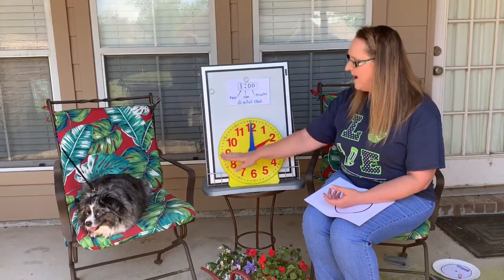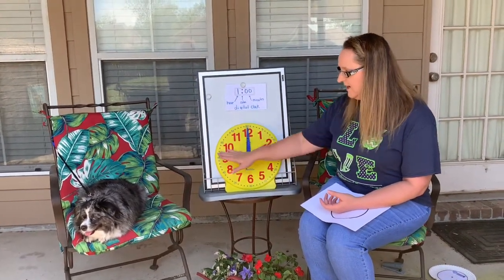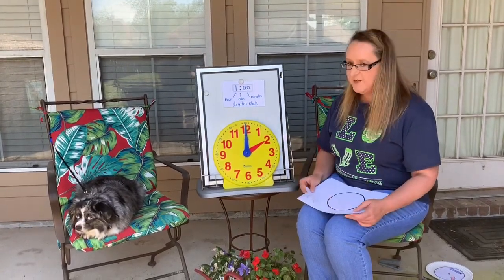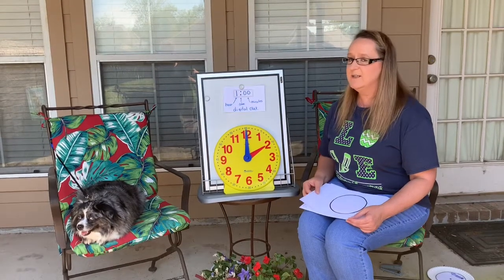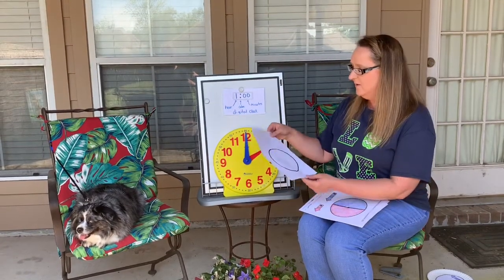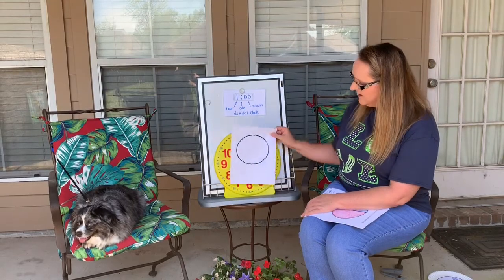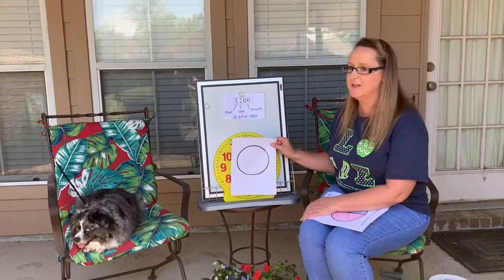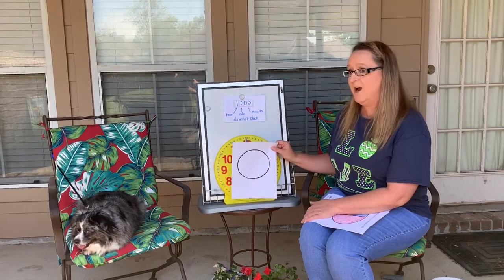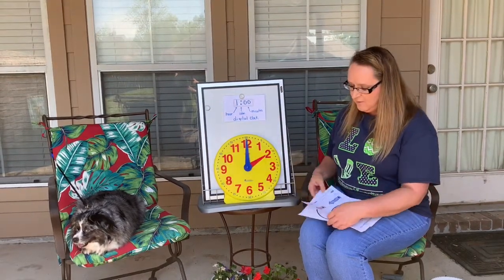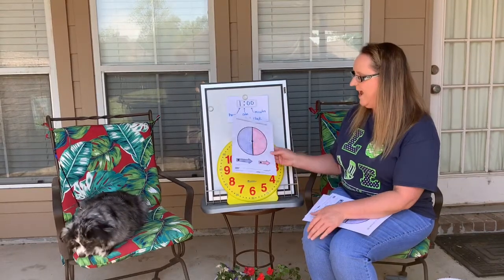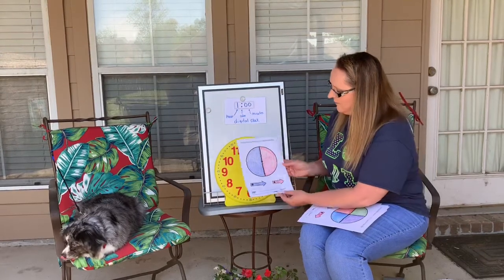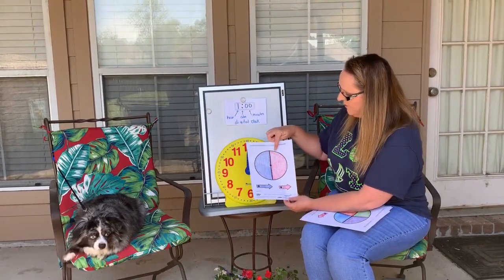Well, let's talk about the different parts of the clock. I want you to know that it is a circle, and we studied about our shapes. We studied that the analog clock is a circle, and that it has halves, fourths, and twelfths. Okay? So when we divide up the clock in halves, then we have 1/2 and 2/2 of the clock.